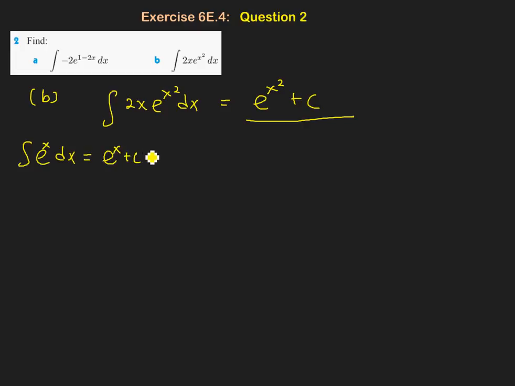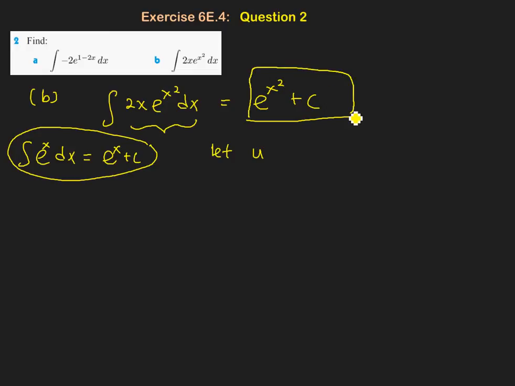Okay, so what if we can change or transform this problem to look something like this? Now by choice we let u be x squared. Remember that I know the answer, but I want to show you how we can do this by using the substitution technique.